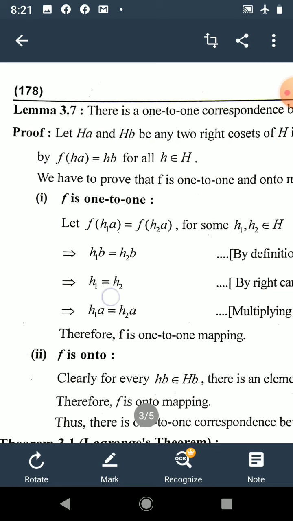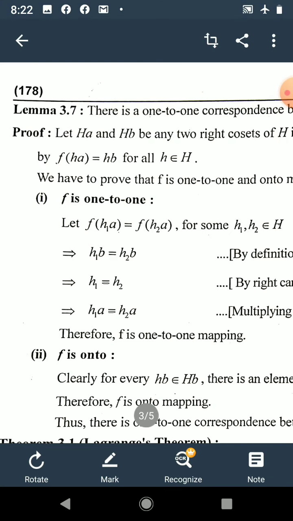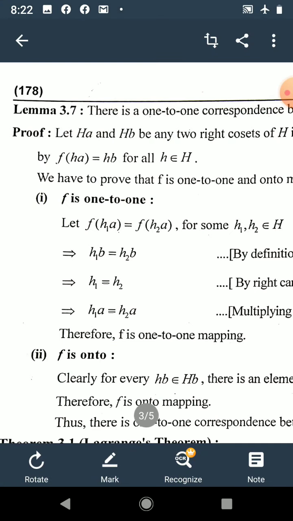Then cancelling b on the right side, we get h1 equals h2, and then multiplying a on both sides, we get h1a equals h2a. This means f(h1a) equals f(h2a) gives h1a equals h2a. Therefore, the function f is a one-to-one function or one-one function.